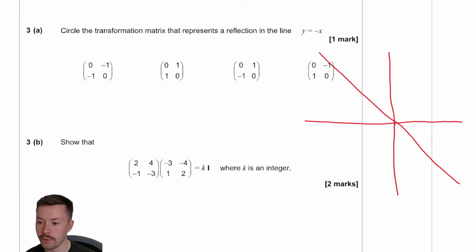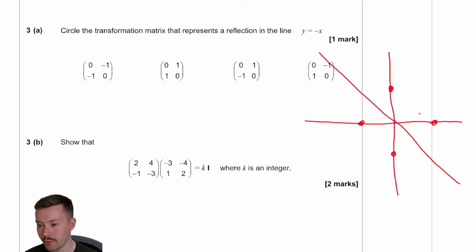If you think about a point on your y-axis, if we reflect that in the line y equals negative x, it goes onto the x-axis and becomes negative. Likewise, a point on the x-axis would go to the y-axis, the same number but negative. So that's what we're wanting.